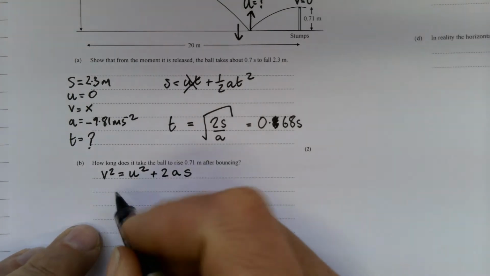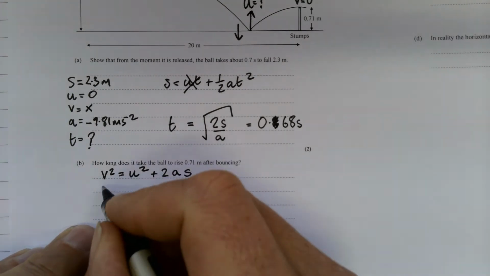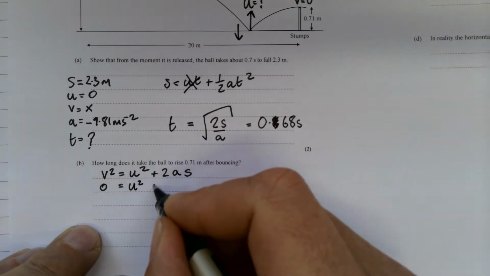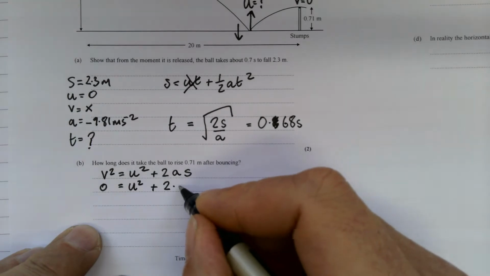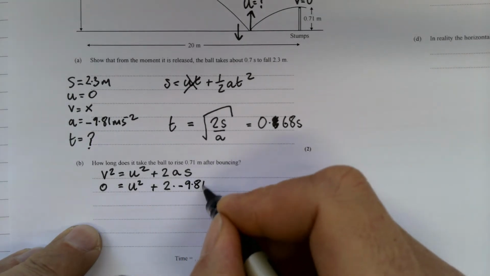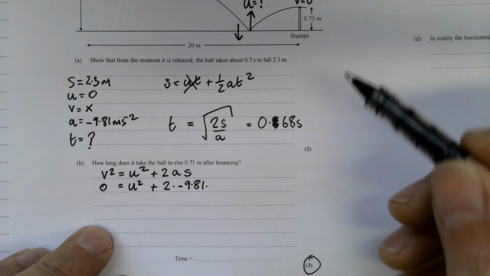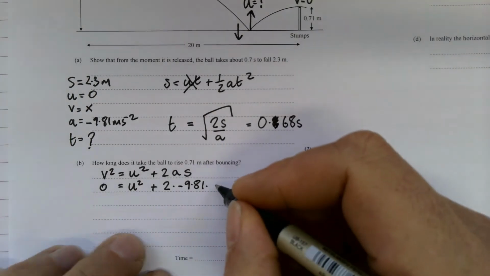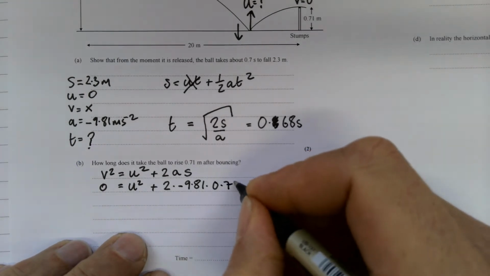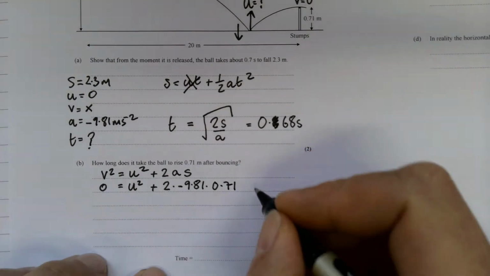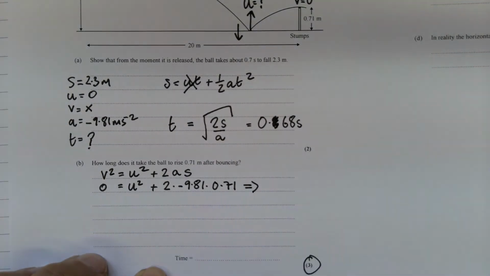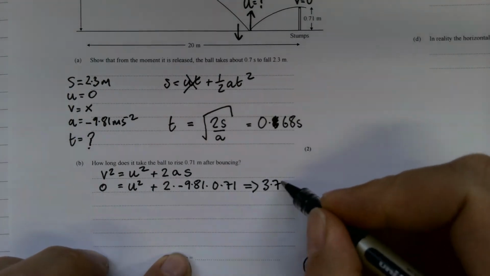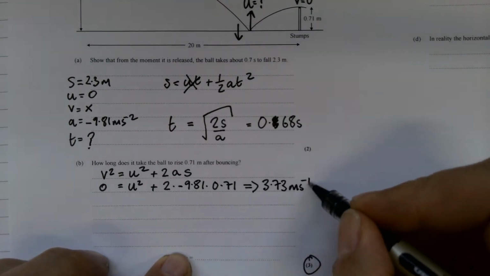V squared, the speed at the top, is going to be 0. That's going to equal U squared plus 2 times minus 9.81 times the height that it's bouncing, and the question tells us it bounces 0.71 meters. When you solve that, which I'll let you do, we get that u equals 3.73 meters per second.